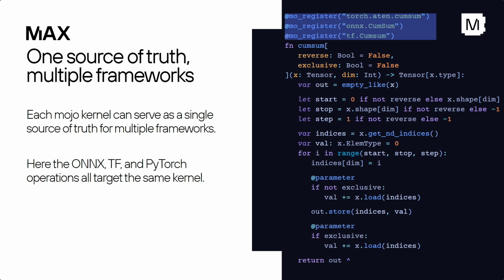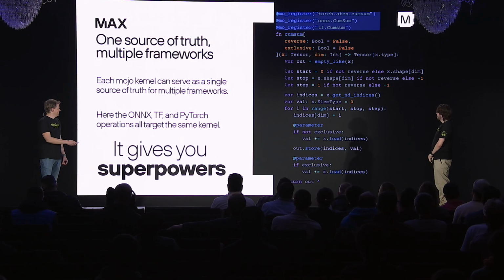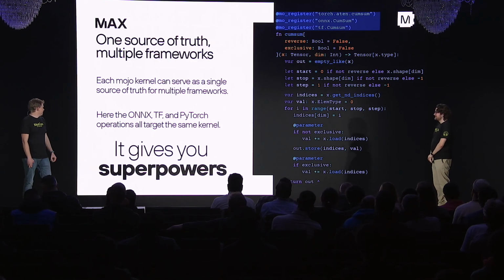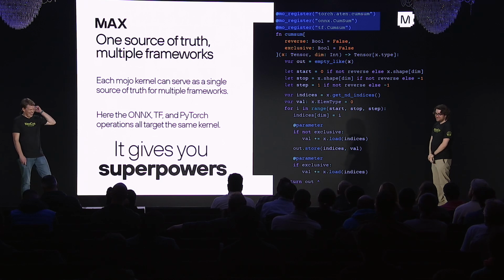And that's really profound when you think about it, because if you look under the hood of what's going on in these frameworks, they have multiple implementations within the framework of the same kernel. Whereas here, we just have one kernel that's for 3 frameworks. So it's like a pretty big improvement, I think. And yeah, it gives you superpowers.